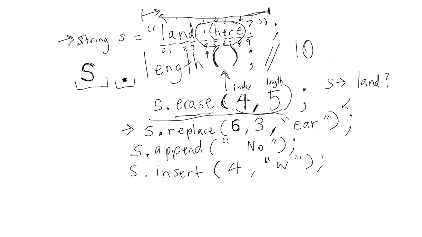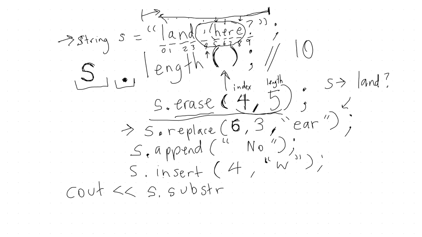The last method that your professor wrote on his slides was the substring method. Let's say I want to just print out a portion of the string. To do that, I can use the substring method.